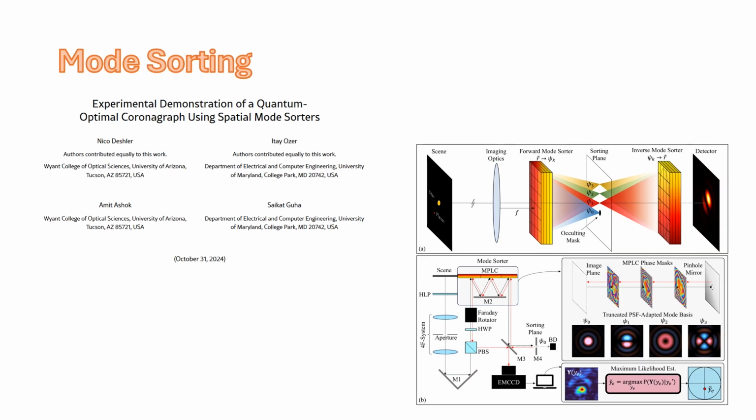Here's an example paper discussed in the text about a mode sorting filter that is useful for measuring an exoplanet, to isolate the exoplanet's signal from the signal due to a star by, in this case, having a set of diffractive elements that isolate each of a set of modes, and then occluding the fundamental mode and measuring the amplitude of the secondary modes on a detector. By this mechanism, you can super-resolve exoplanets. So a very interesting, very cool thing to really understand in more detail.